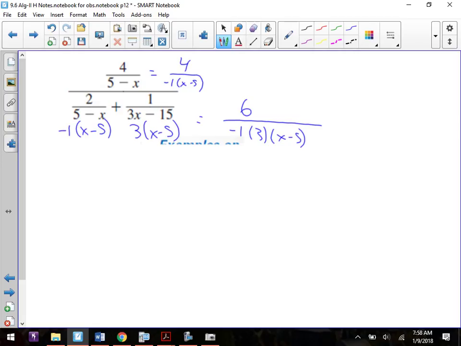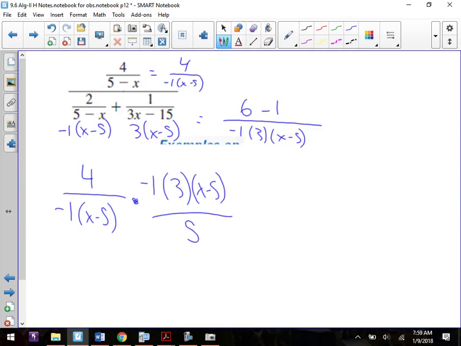The fraction on the right has the 3 and the x minus 5. It needs the negative 1. So now we have 4 over the negative 1, x minus 5, times negative 1, 3, x minus 5, over 5.